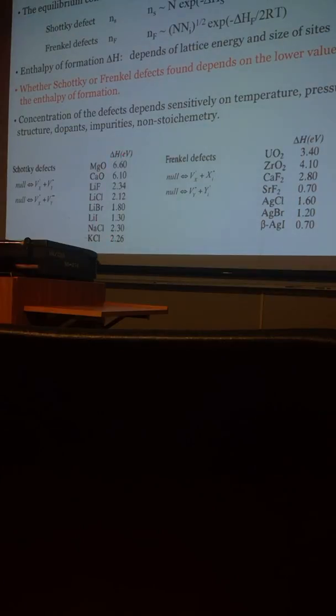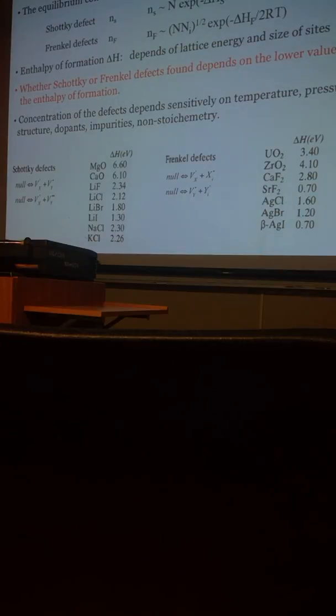However, using this number you are able to compute the number of Schottky defects or Frenkel defects. You can plug those enthalpy numbers into this equation, divided by the total number, and it gives the fraction of defects formed at a given temperature.